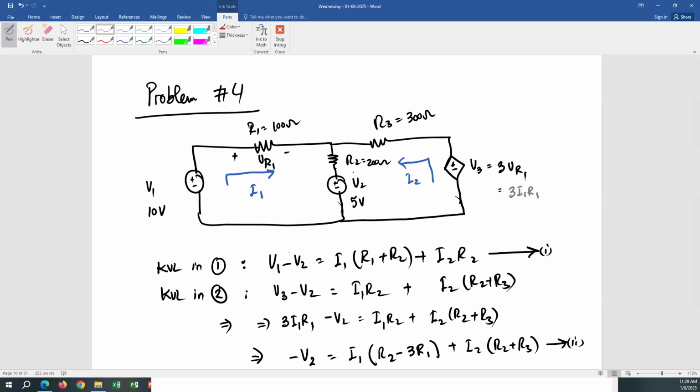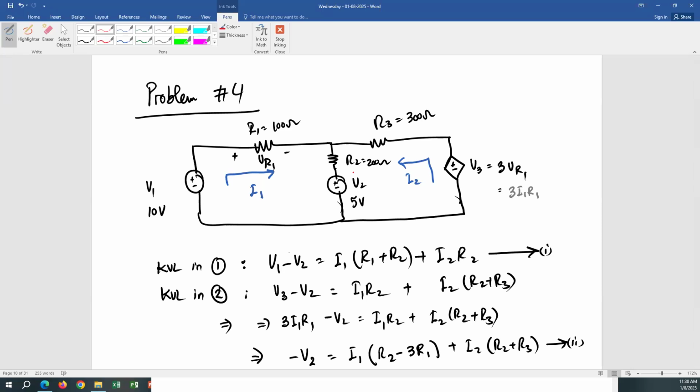The only difference is that in the last equation, where the dependent source appears, you plug in the equation for the dependent source. Then your number of variables will be the same, two variables, instead of having a third variable for the dependent source, which is 3VR1. So exactly the same method.